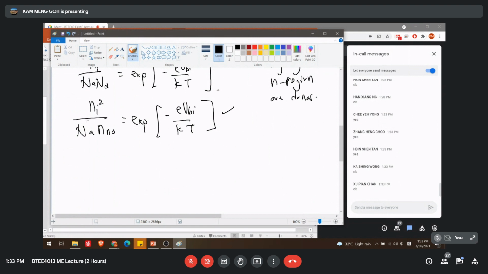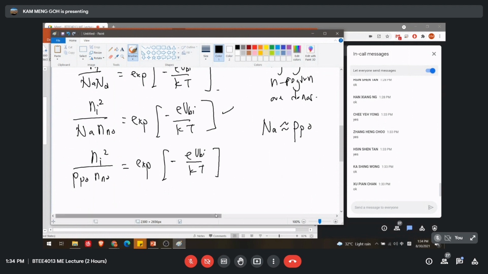Then we are going to tackle this PNO. We also know that the NA will become the PPO, because we look at the acceptor part. NI squared will become the PPO and NNO exponential negative e VBI over kT.